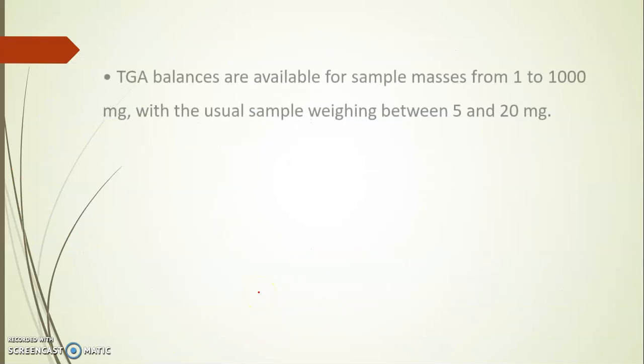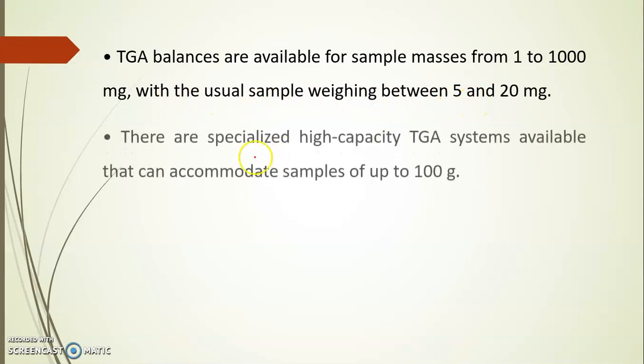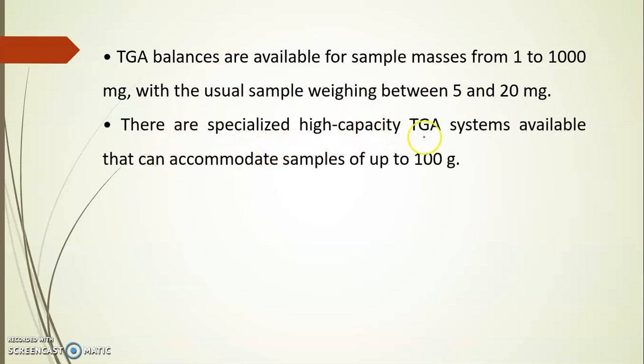TGA balances are available for sample masses from 1 to 1000 mg, with the usual sample weighing between 5 and 20 mg. There are specialized high capacity TGA systems available that can accommodate samples of up to 100 gram.